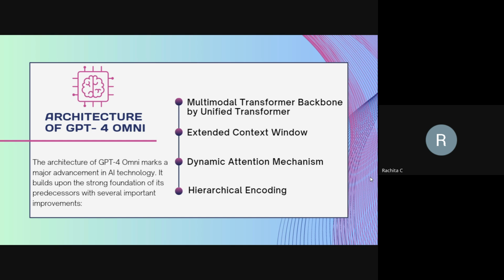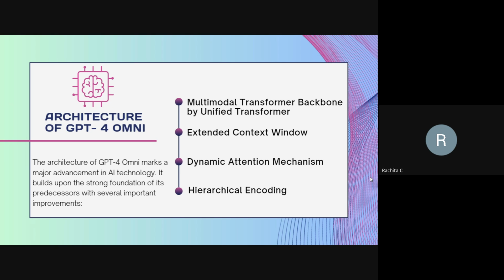The third one is the dynamic attention mechanism. Here it is able to allocate computational resources very effectively, and because of this we can see an optimization in speed, that is, the response time when the input is given as a query. We can also see optimized accuracy in this GPT-4 Omni model.